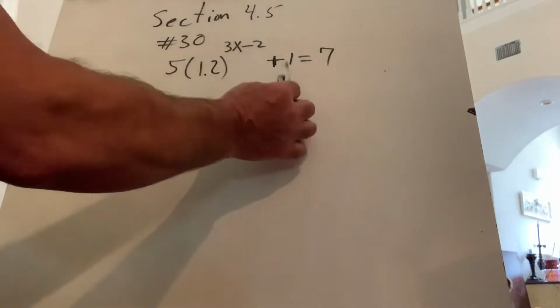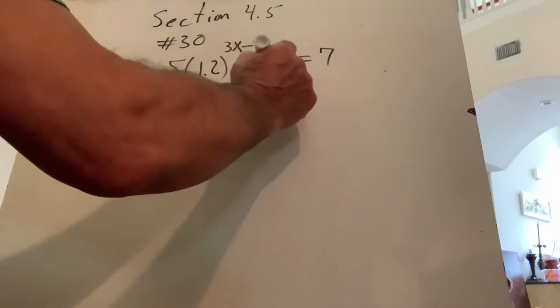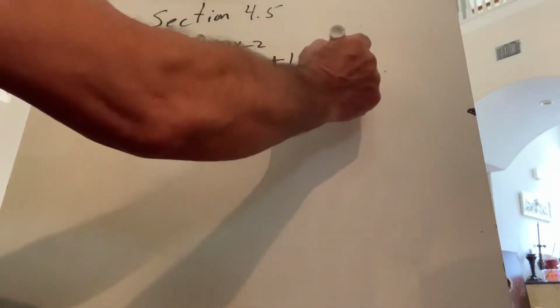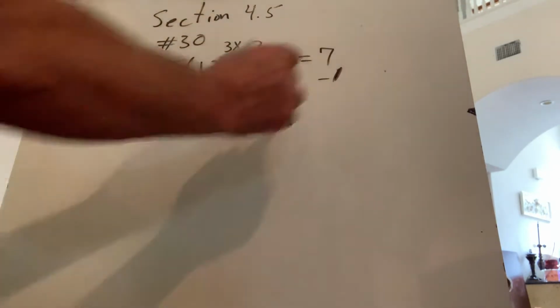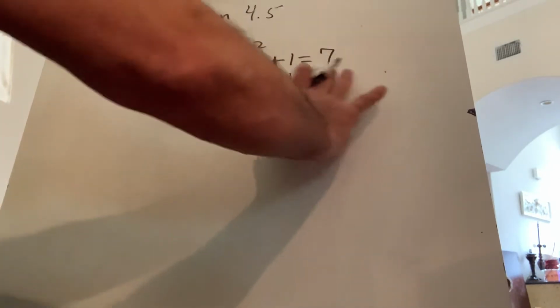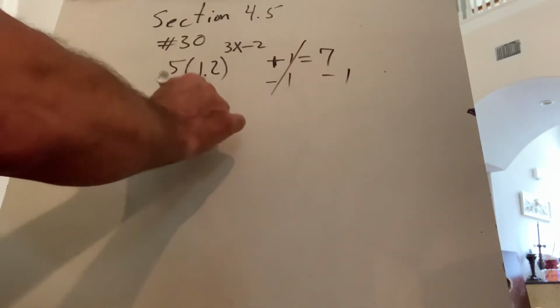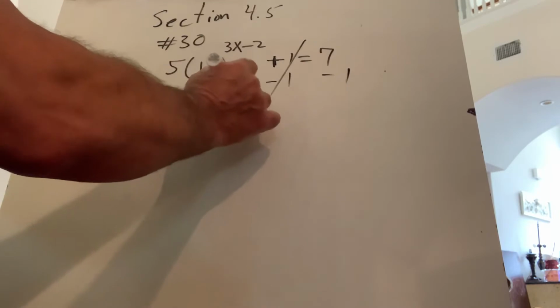So first we have to remove the 1 and the 5, and then we can approach it by taking the log of both sides. Right now we just subtract 1 from both sides to remove the 1 from the left. So this becomes 5 times 1.2 raised to the 3x minus 2, equal to 6.